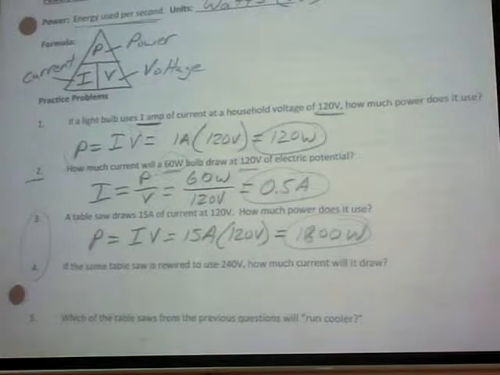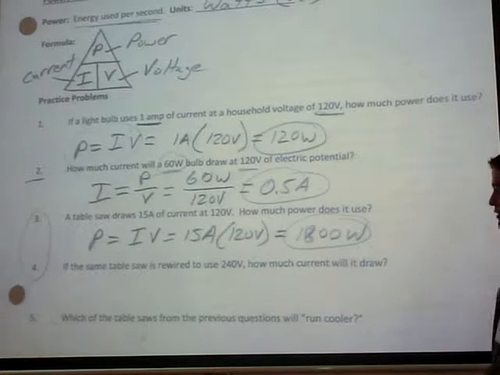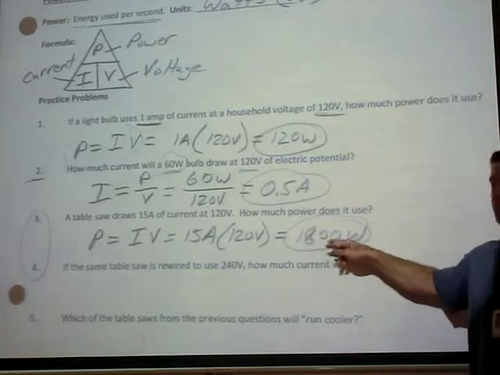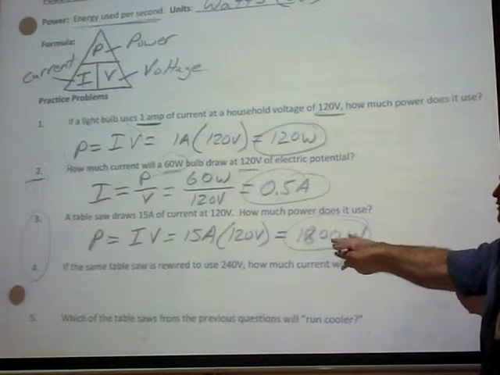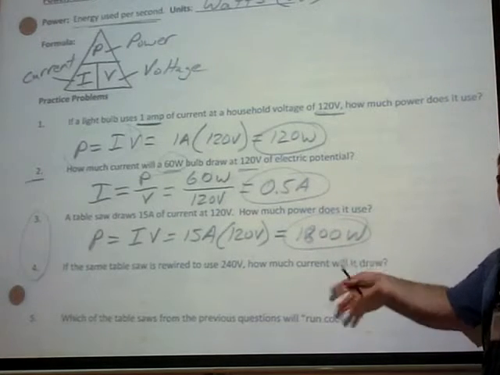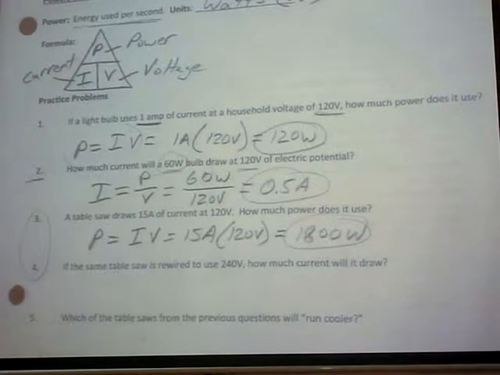Any ideas? It's actually energy, and the unit that, as far as I know, they still use is kilowatt hours. So 1,800 watts is 1.8 kilowatts. If you left this table saw running for 1 hour, that would be 1.8 kilowatt hours. And that's what you pay. It's so many cents per kilowatt hour. I don't know exactly what my power rate is right now.